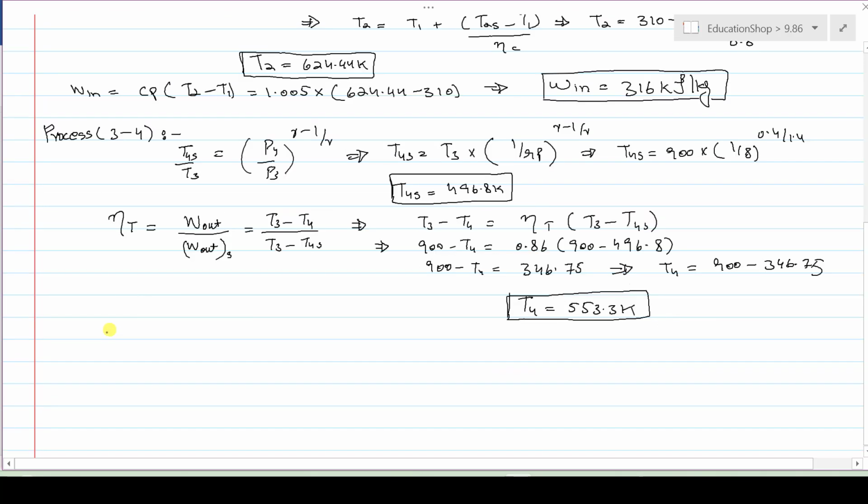Now the actual work output by the turbine when it is 86% isentropic. Solve this on calculators, and it will give you the work output, that is 348.5 kJ per kg.